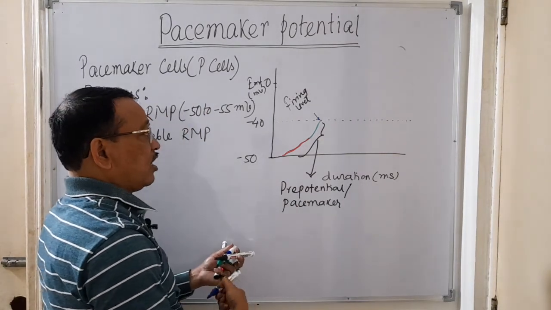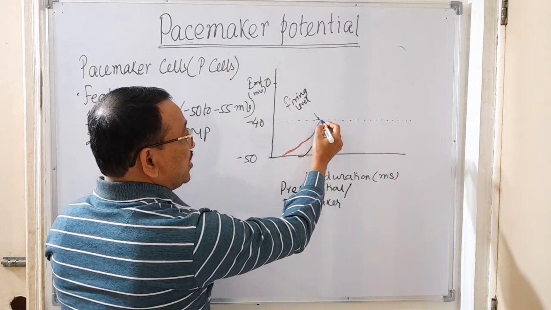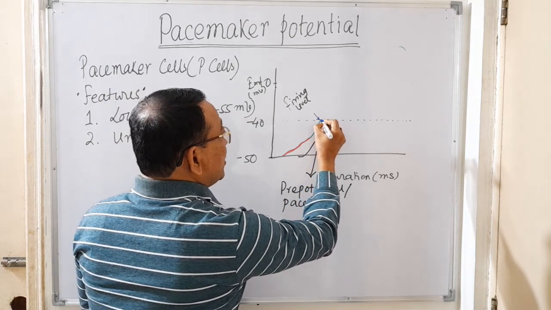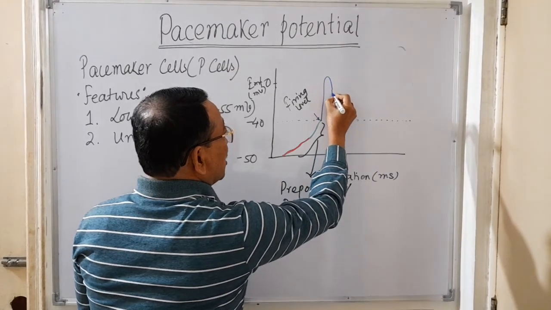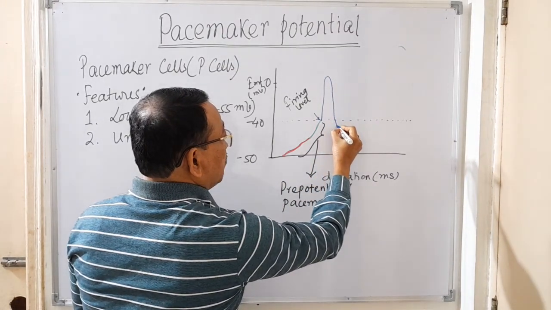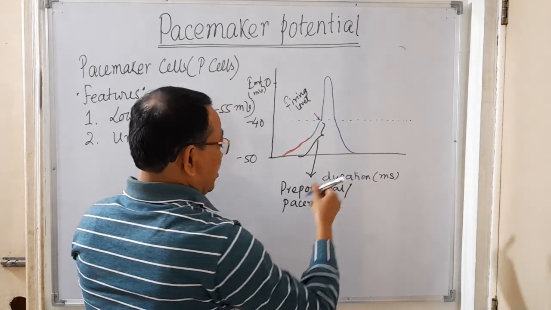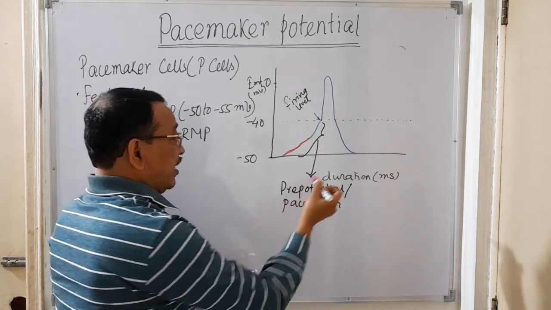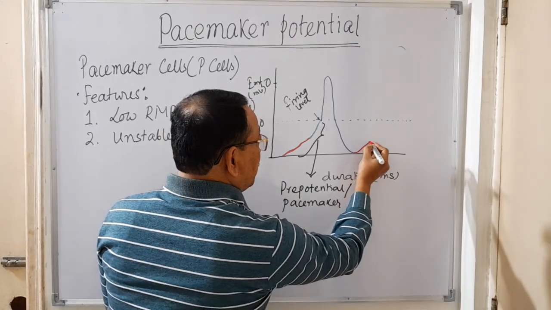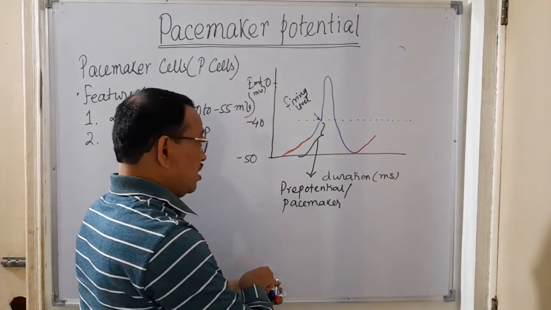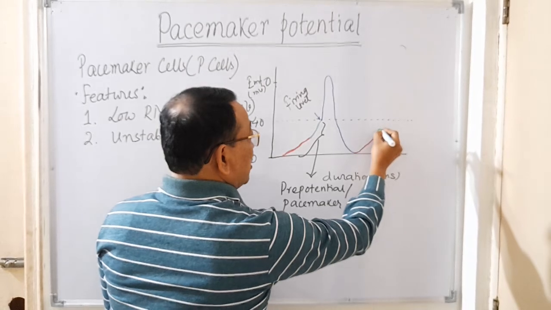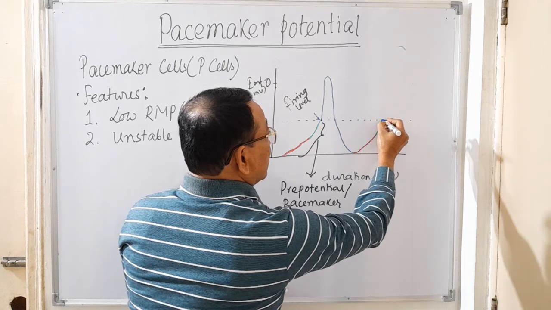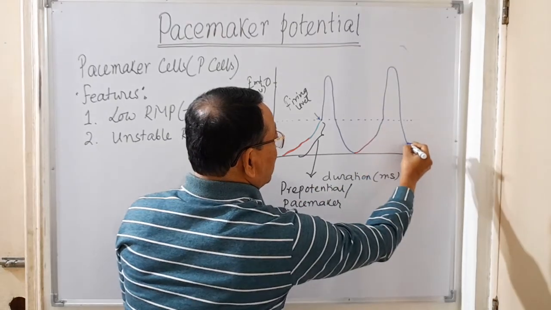So at this particular level, once the pacemaker potential reaches minus 40 millivolt, there is an initiation of the action potential, that is known as the spike potential. And again there is a prepotential, and again there is a spike potential.